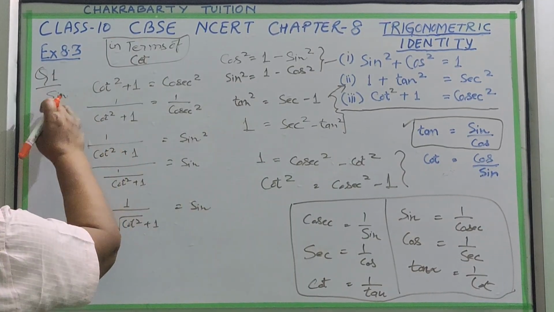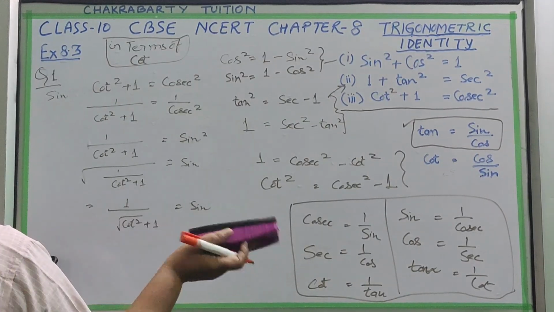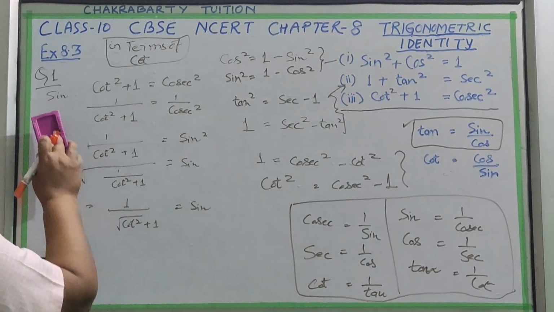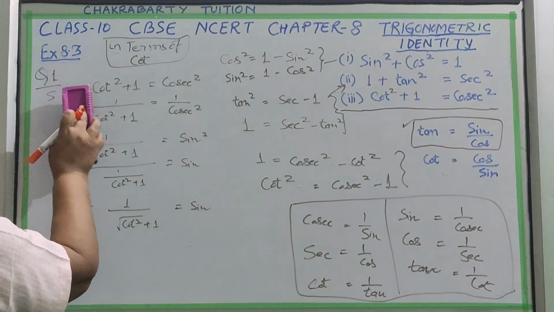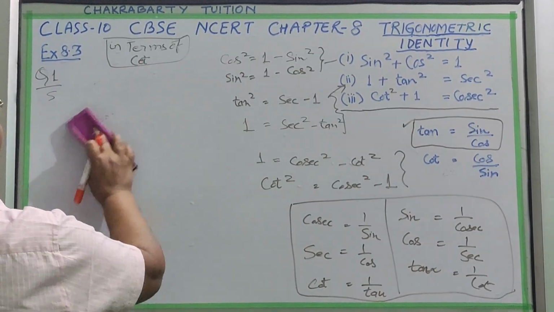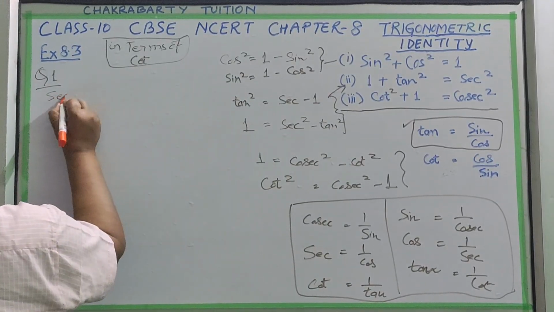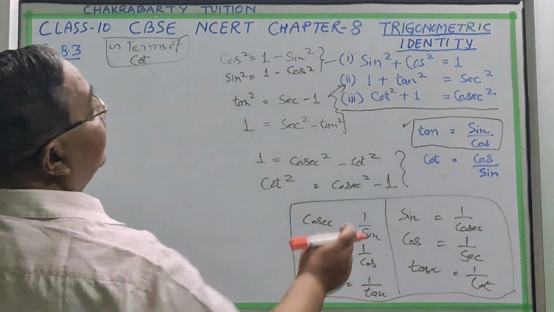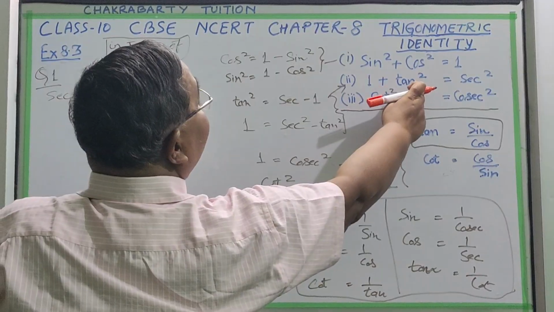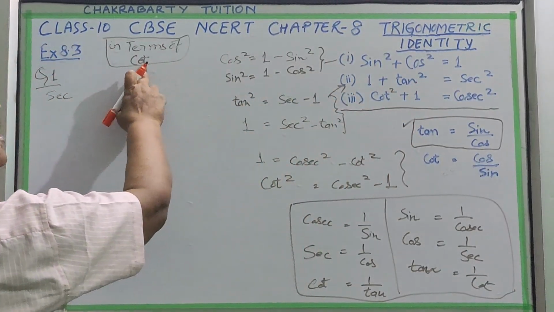Okay, now it's the second part. Sec, they want sec also. Sec A, tan we have already given. So now we will find sec. For sec we have a formula, and here tan is there, and tan we can convert to cot.